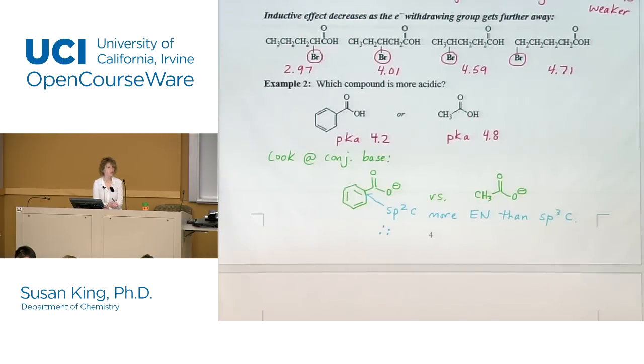So an sp2 carbon is going to be more electronegative. It's going to pull electron density away. It's behaving just like an electron withdrawing group. So inductive effect. Stabilizes the conjugate base. And anything we do to stabilize the conjugate base is going to make the acid more acidic. Therefore, the acid is more acidic.